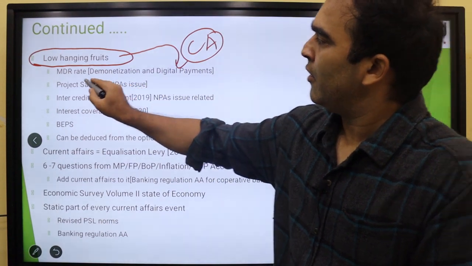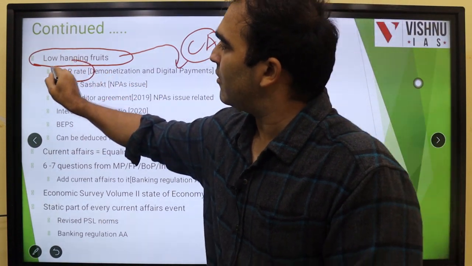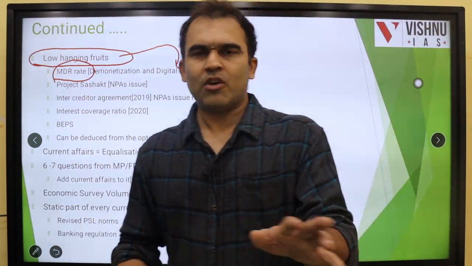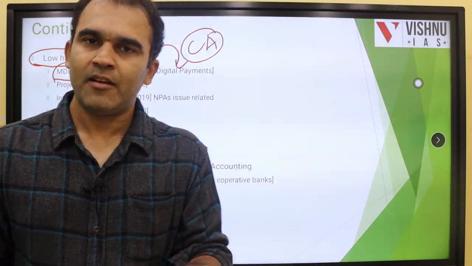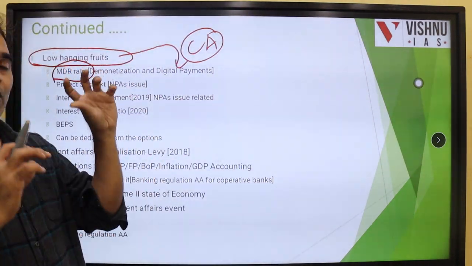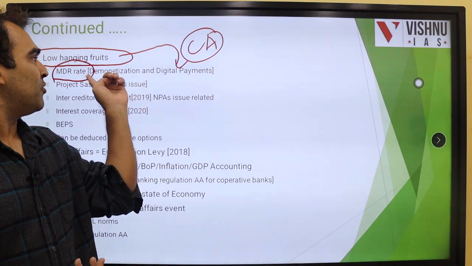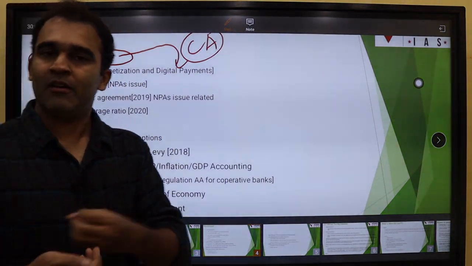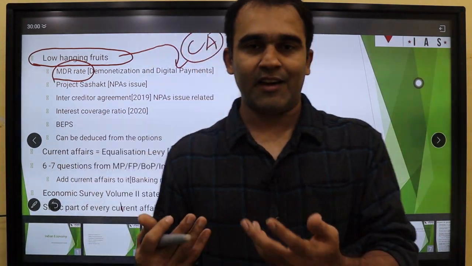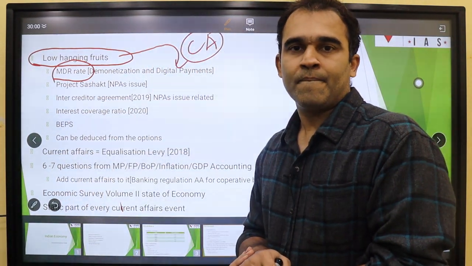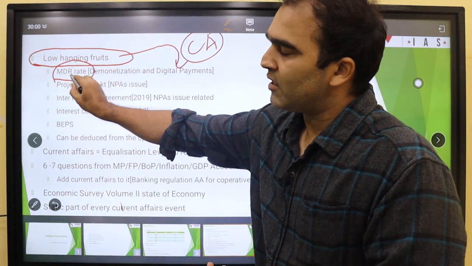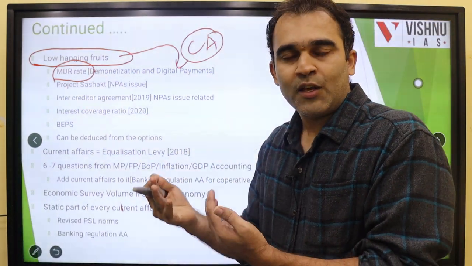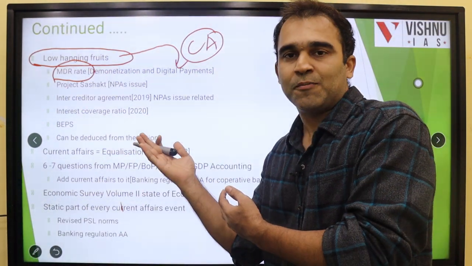For example, there was one question on merchant discount rate. I am sure no textbook available in the market had printed the concept of merchant discount rate until that year. Later on, everyone reissues and reprints their editions. That's a different thing. But merchant discount rate was not part of the economics syllabus.